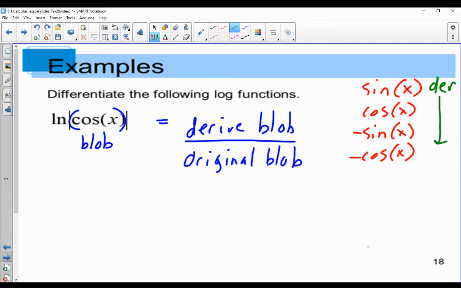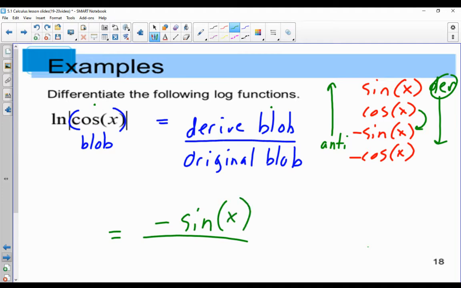But if you want to find the antiderivative, you take the one above it. But for us, we want the derivative. So in other words, if you want the derivative of cosine, you go to cosine and take the next one down. So the derivative will be negative sine. Then on bottom, the original. And the original was cosine. And that's it.